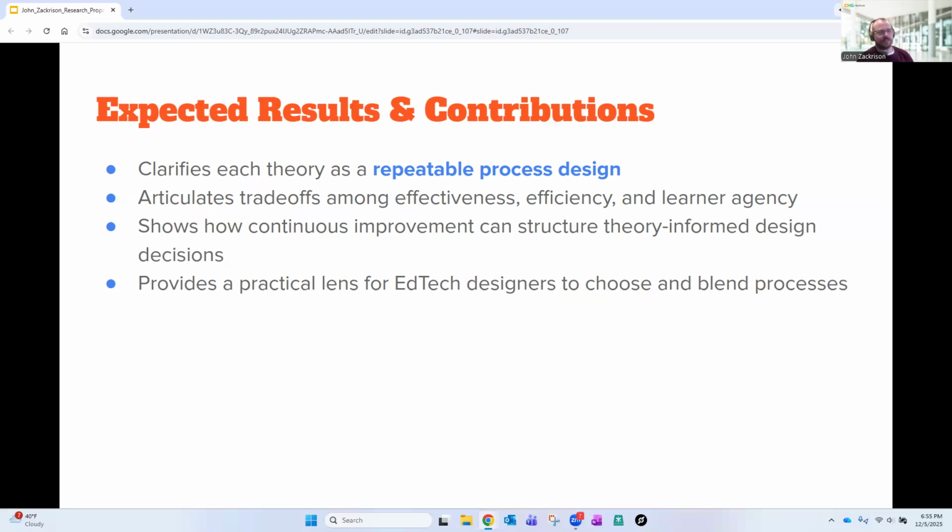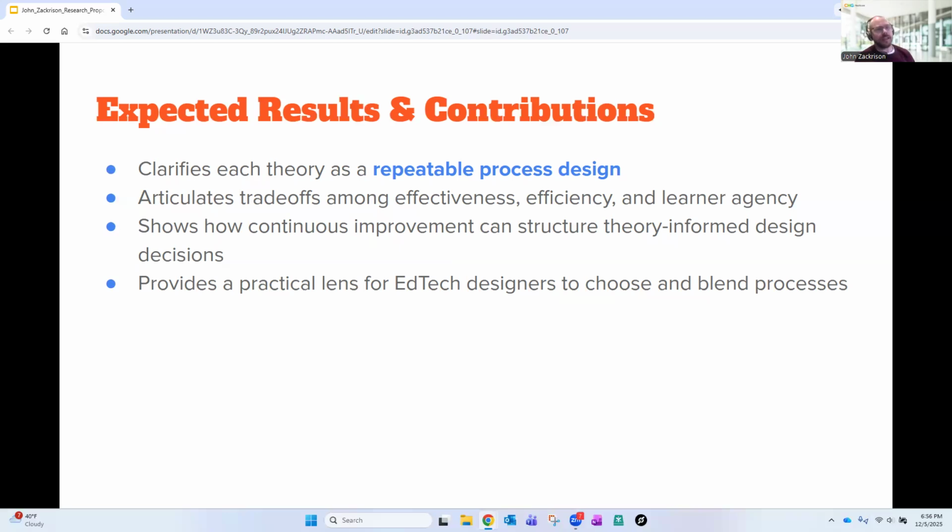And we can see that structured behaviorist and cognitivist processes tend to be more efficient and predictable, while constructivist and constructionist processes tend to foster deeper understanding and creativity. But on the other hand, can be less efficient and more variable.